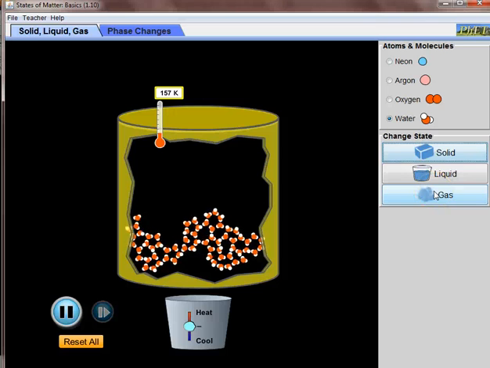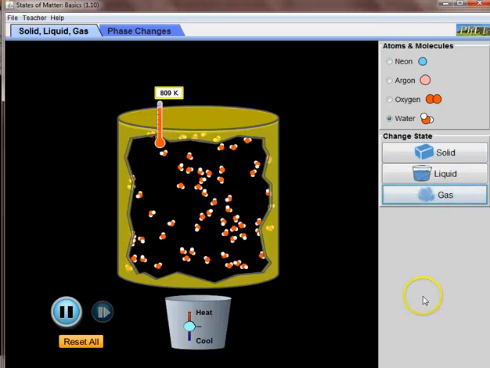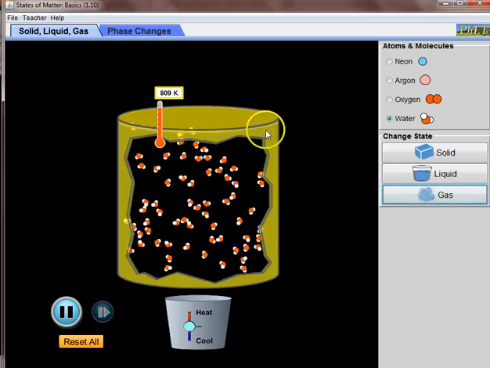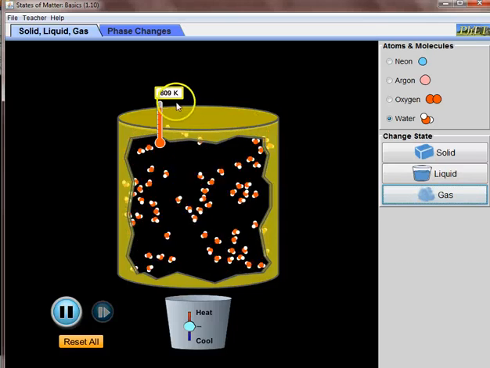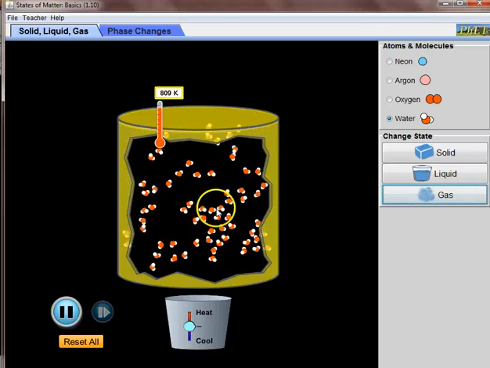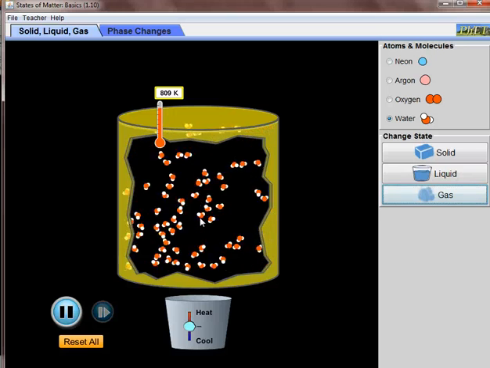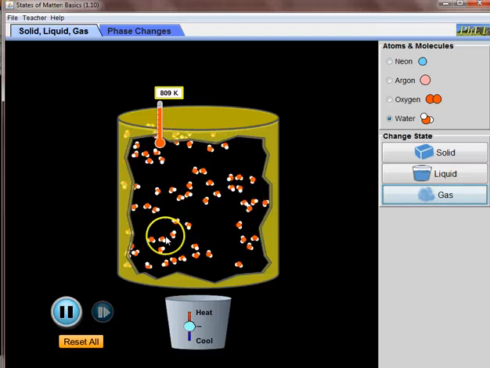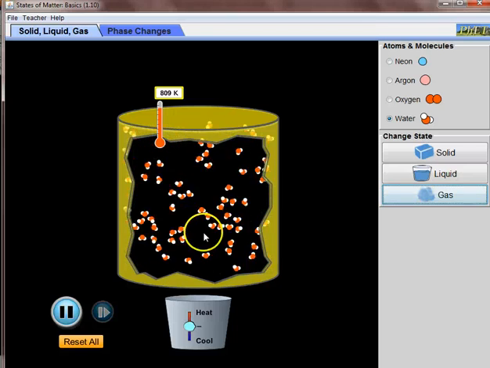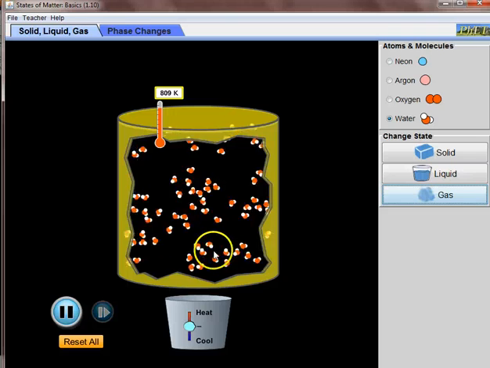Okay, and let's take it to the gas now, and you can see that again it fills the entire container. The temperature has increased, and now there are basically two types of motions. They are not vibrating anymore, but they are rotating and they are moving.